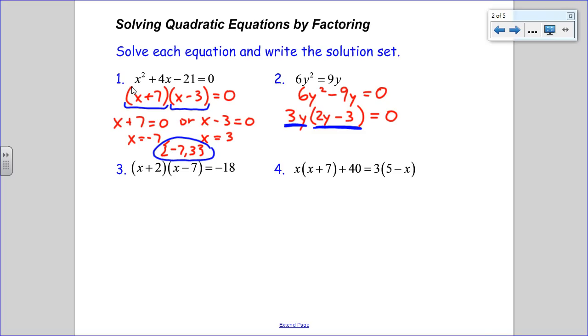So using the zero product principle, we have 2 equations, either 3y equals 0 or 2y minus 3 equals 0. Solving those 2 equations, we obtain the solution 0 or the solution 3 over 2. So those are the 2 solutions of our quadratic equation, and here is our solution set.